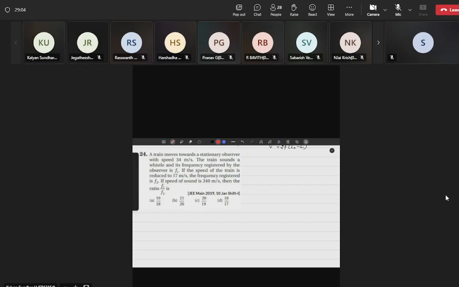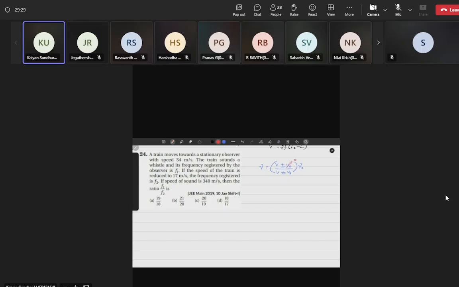So what is the expression for that? Anyone? Apparent frequency will be equal to V plus or minus Vo divided by V plus or minus Vs into the actual frequency of the source. Correct? Now, who is at rest? The stationary observer is at rest, so Vo is 0.